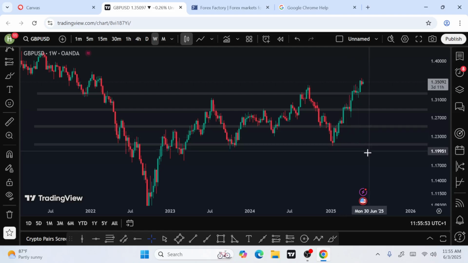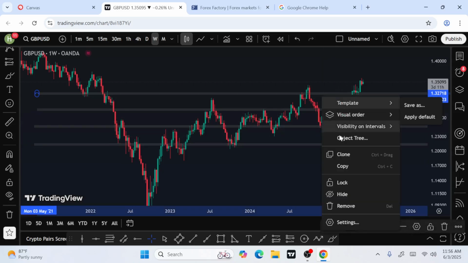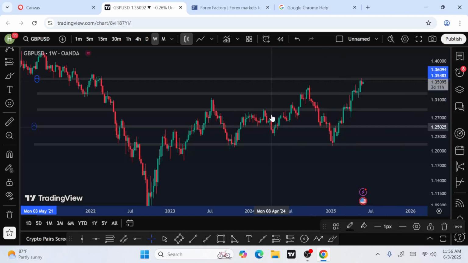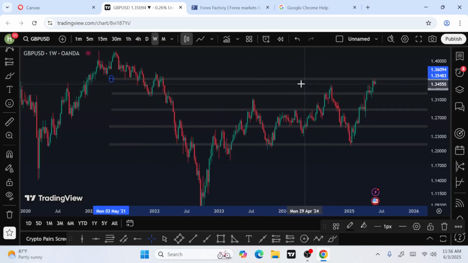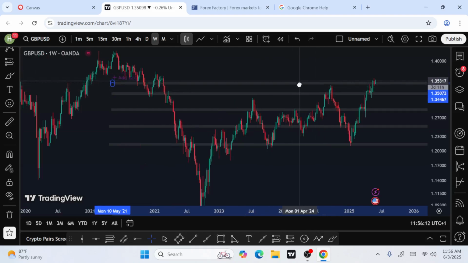for us to get the next one, what are we going to do? Once you clone it, it will take you to the next one. Then what will I do? I will adjust it.